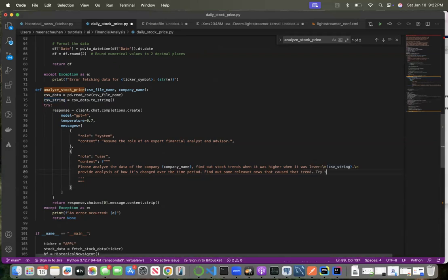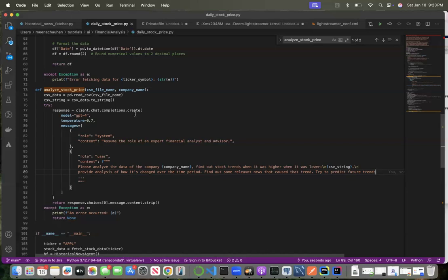We can also say try to predict future trends. It's not possible, but let's try. So again, this is the new method, analyze stock price, with 2 parameters: CSV file name and company name. We read the CSV file and pass it to OpenAI.